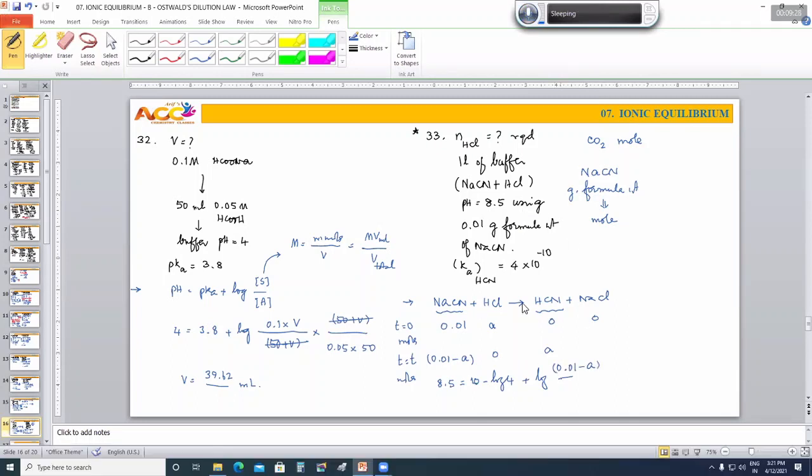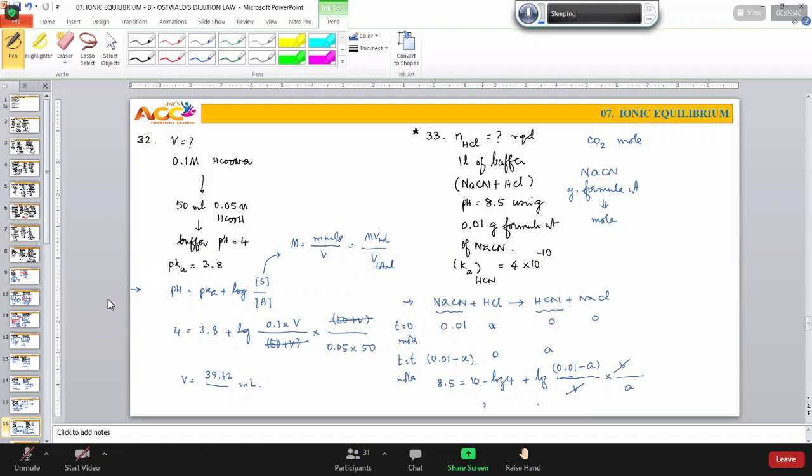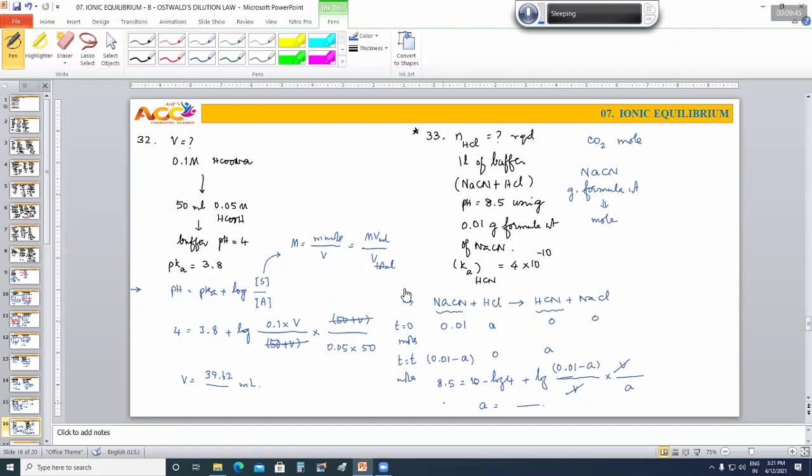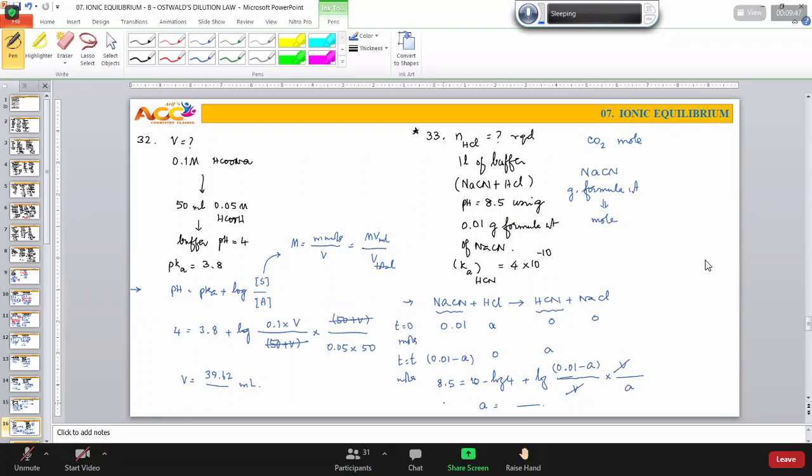Yes, by volume of solution 1 liter. This is going to be cancelled out definitely. And then acid, how much? A by volume of solution. Our job is to find out the value of A. Go ahead. Try to learn the concept, right? Doing 100 problems is not important. Learning the concept of the problem is important.